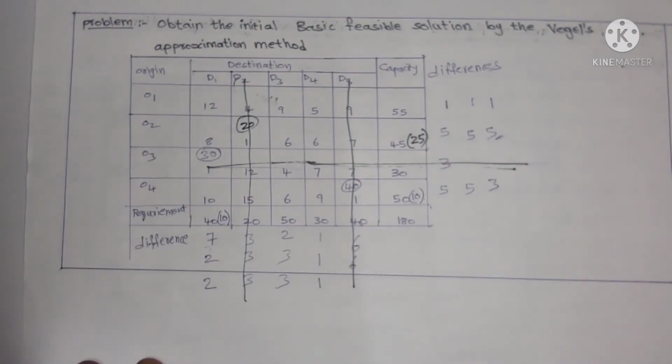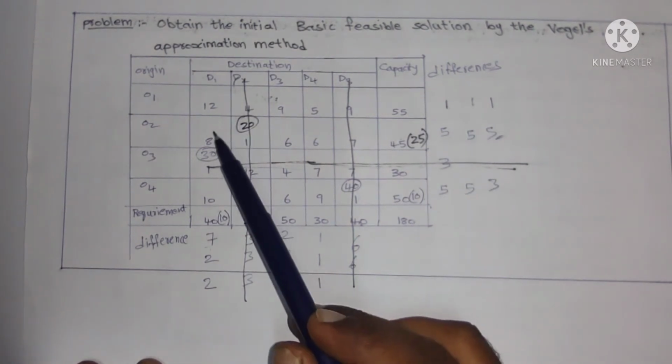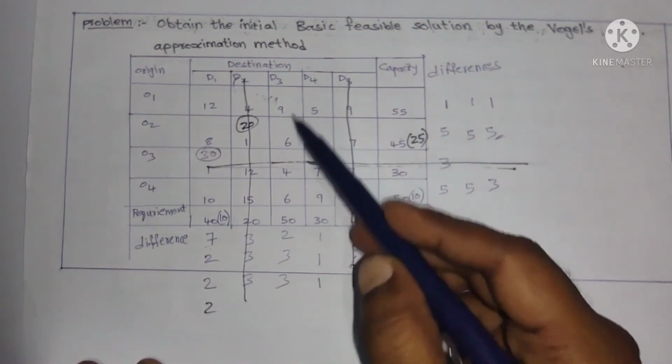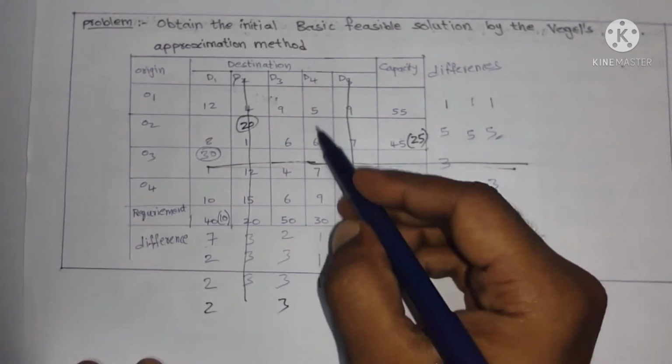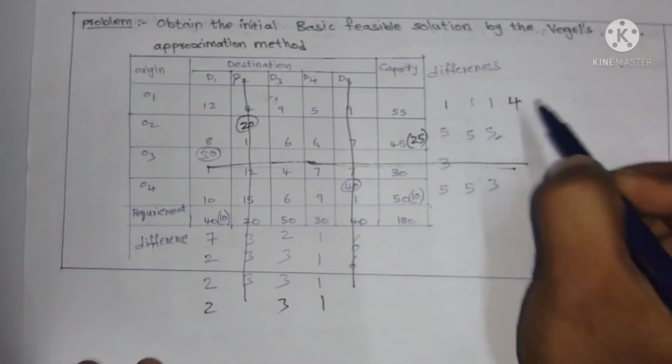Okay. Next, again go for the same procedure. So what is the difference between the two cheapest cells in the first column? 10 and 8 is taken as 2. Now again in the third column, 6 and 9 is 3. 5 and 6, 1. Similarly in this row, 9 and 5 are the cheapest cells. The difference is taken as 4.